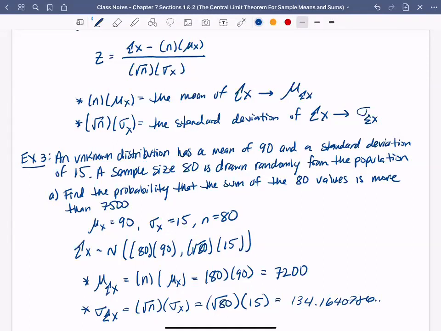And right now, this is not exact. That's rounded. If we say 134.16, that's rounded. Or if we say it to the nearest 10th, 134.1, that's rounded. So I'm actually going to leave off all of this.